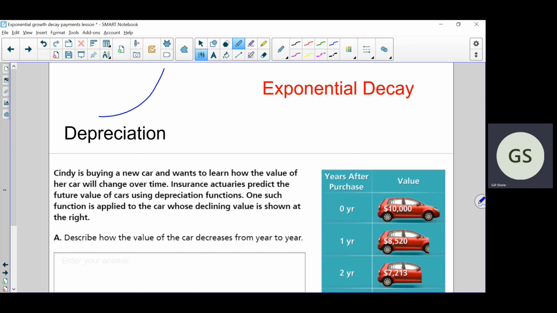So draw a little graph. The value is going up as the x values increase. This is exponential decay. The values are going down as the x values increase. You do need to know how to do that.